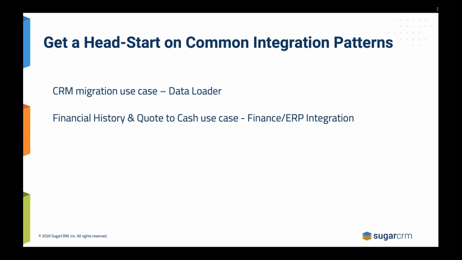And by the way, Sugar Integrate's got a catalog of nearly 20 different CRM applications, and so this would be a great option to migrate off of any one of those different CRM applications, right?